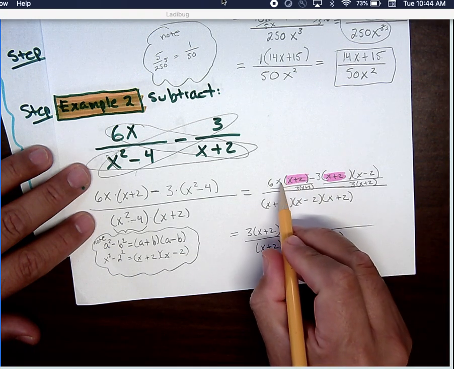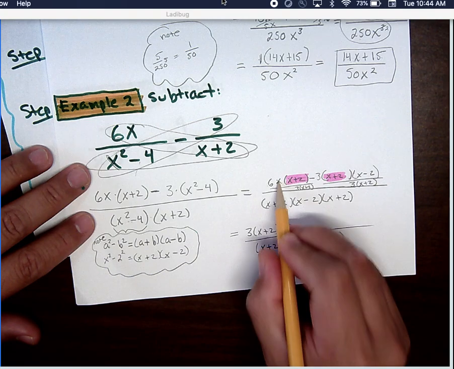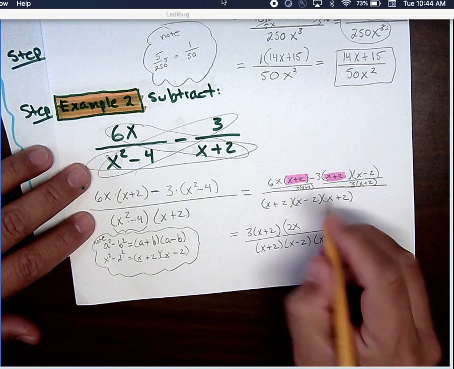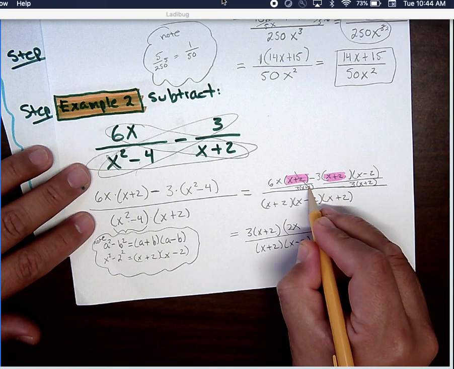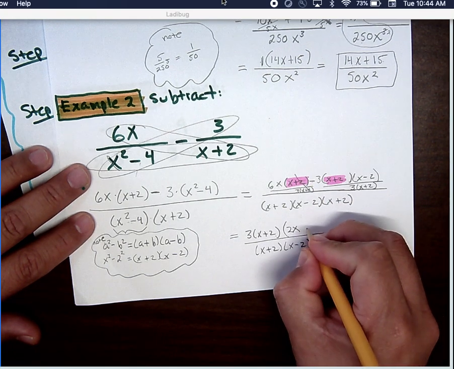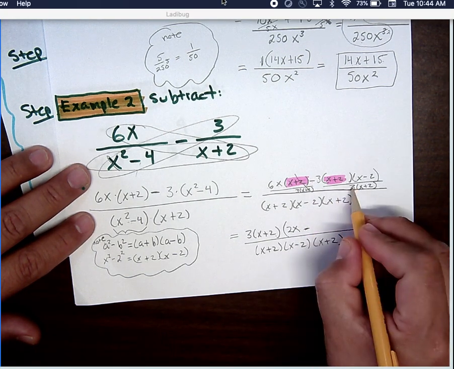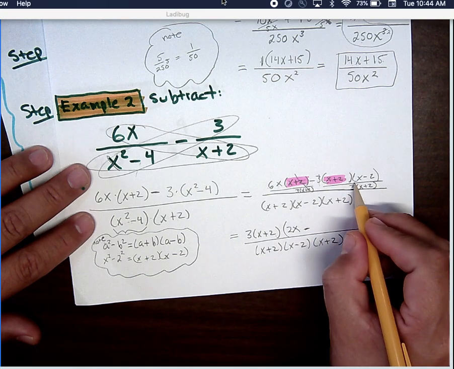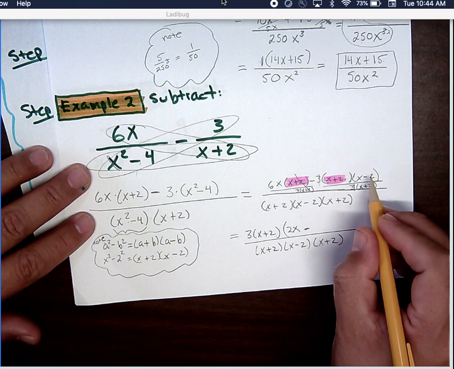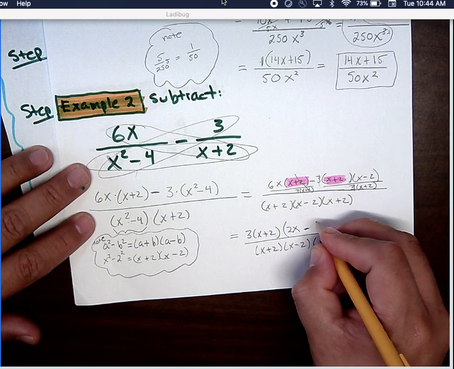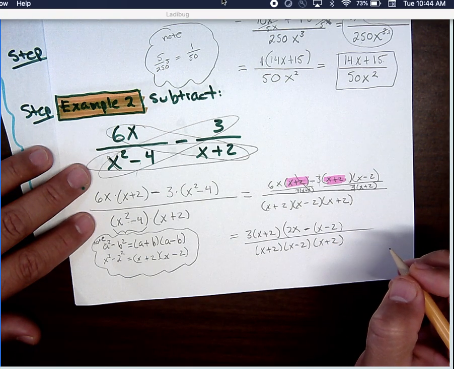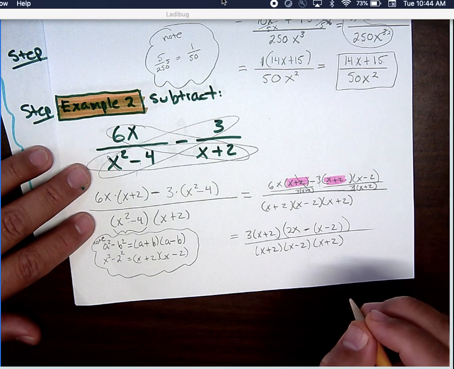And then you still have that x, because we couldn't take out an x, so we have 2x here, minus, so 3 over 3 goes away, x plus 2 over x plus 2 goes away, so you're left with this part, x minus 2, like that. Put another parenthesis.